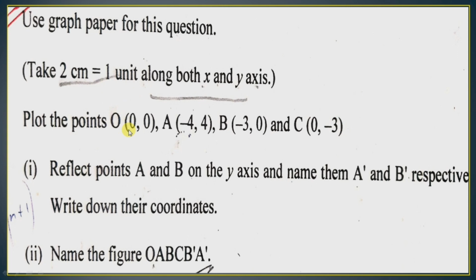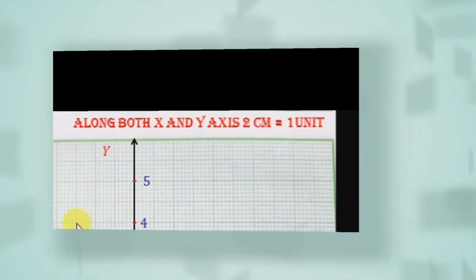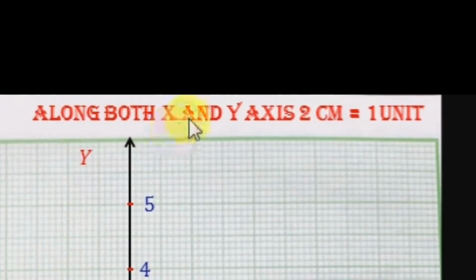After plotting these points on a graph, reflect points A and B on the y-axis and name them A dash and B dash respectively. Write down their coordinates. Sub number 2, name the figure OABCB'A'.